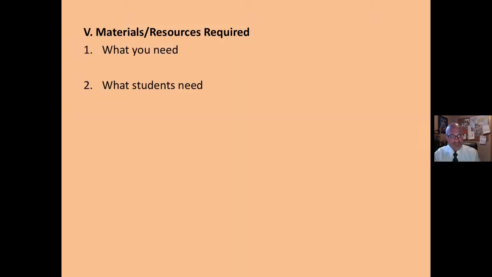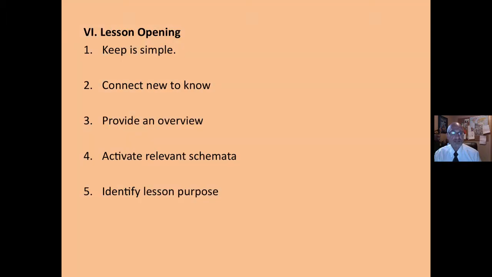Assessment. Materials required. That's pretty self-explanatory, but it's good in planning through a lesson to think through the lesson. What do I need? And to write down exactly what you need. It's clear up here. It's clear on your lesson plan.